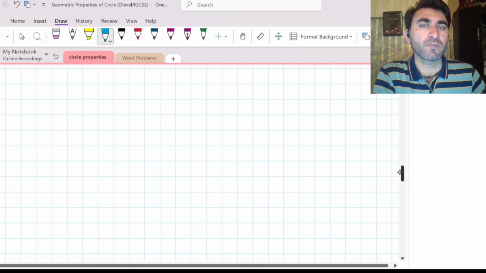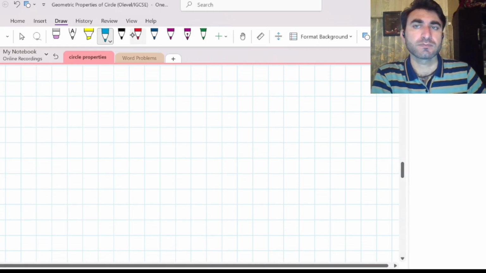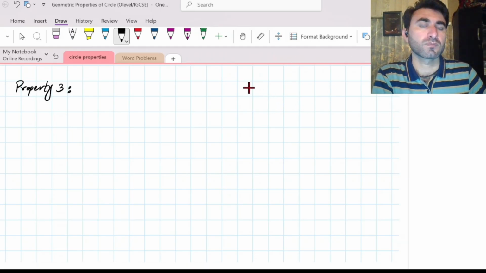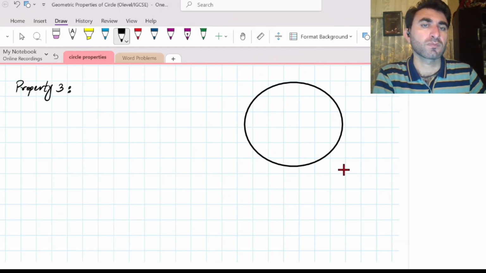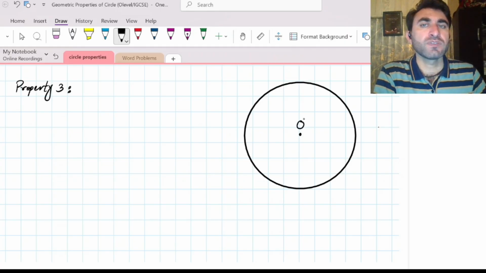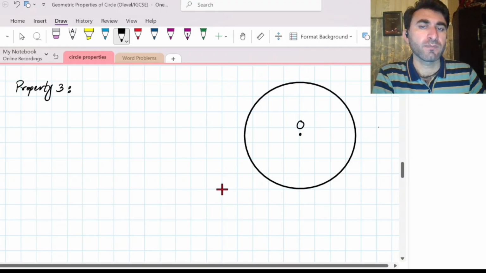Let's say we have a circle with center at O, and let us draw a tangent to this circle at some given point.